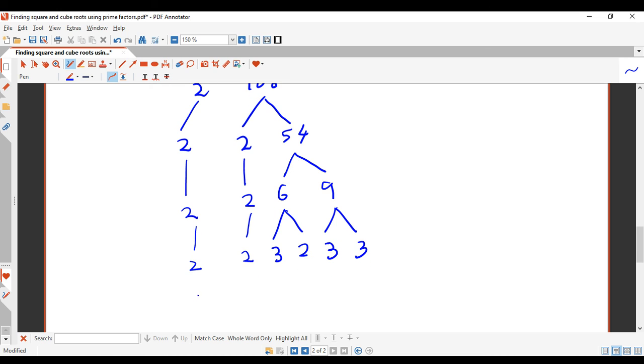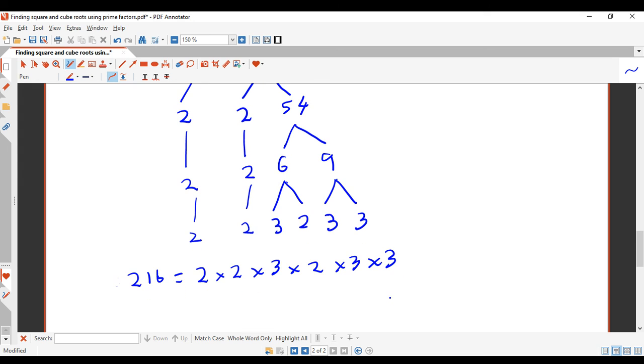Okay. So we've got 216 now. So 216 is equal to 2 times 2 times 3 times 2 times 3 times 3.